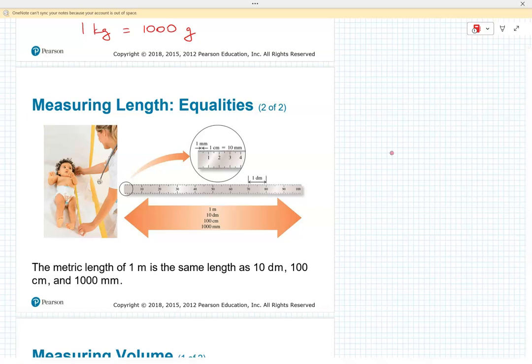So 1 kilometer equals what? 1,000 meters. 1 meter equals how many decimeters? Deci is 1/10. So it should be 10.